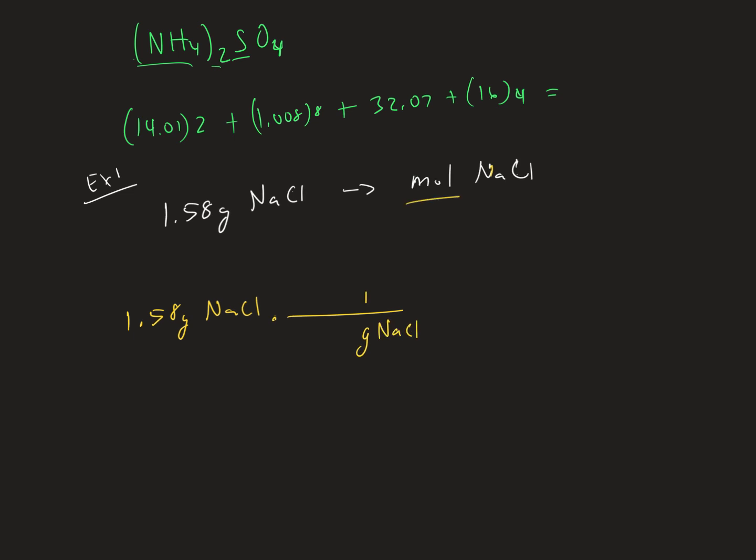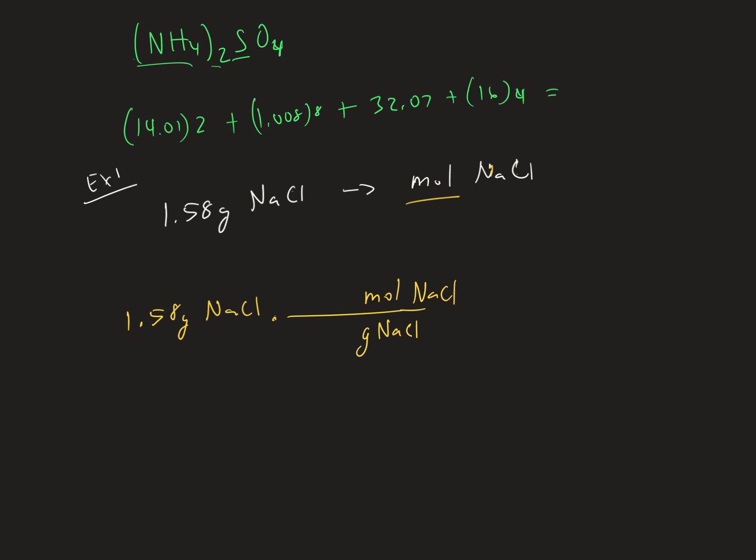Do we know a grams per mole conversion factor? Is it 6.022 times 10 to the 23? That's particles per mole. This is grams to moles. Where do we find the conversion factor from grams to moles, moles to grams? Molar mass.